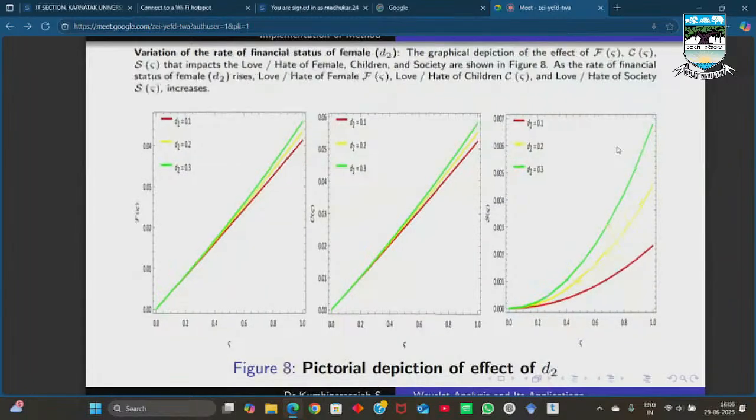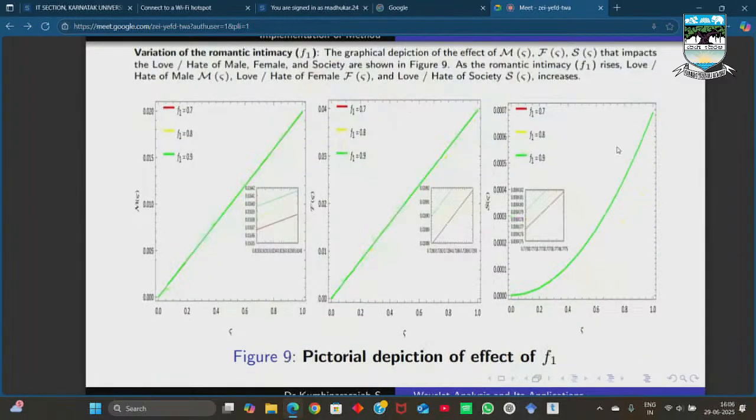Similarly, the same structure we can see with respect to the financial status of the female, and then romantic intimacy. If there is more romantic intimacy, the bond will increase, so the love is going to increase for male and female. Similarly, the society is also healthier.